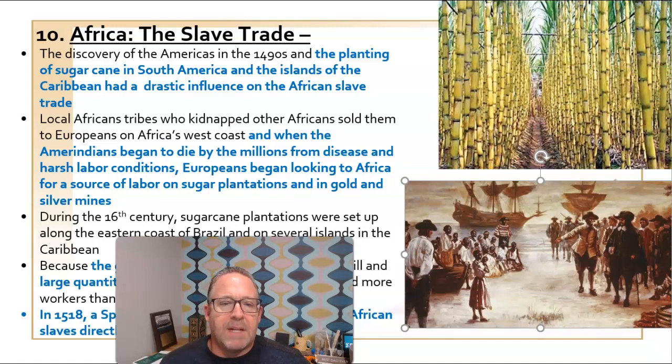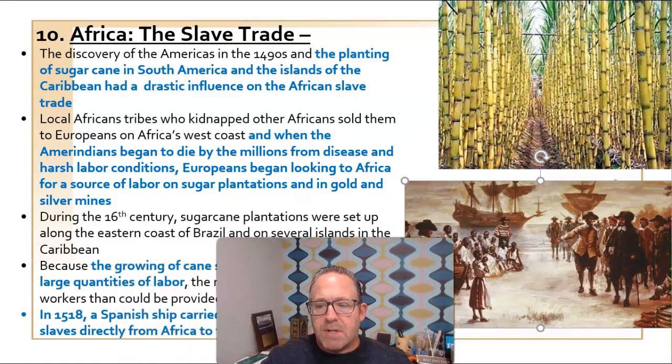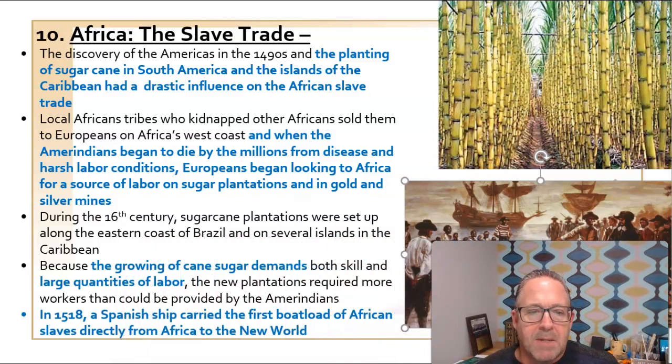And so in 1518, the first boatload of slaves arrives in the Americas, in the Caribbean. It's believed that the island was Hispaniola, which is, of course, the modern day country of Haiti and the Dominican Republic. Okay, so 1518. For some context, this is just one year after Martin Luther posts his 95 Theses on the church door of Wittenberg. So a lot of these things are happening right along the same time.